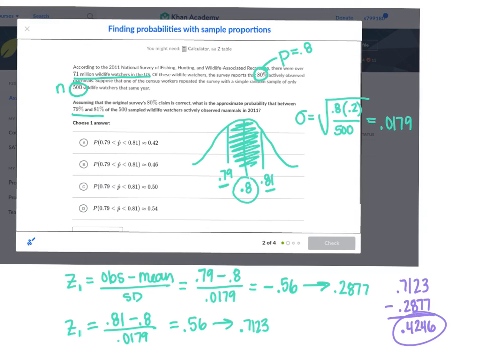So that is the probability of being between. So we were looking for the probability of p hat being between 0.79 and 0.81. So all of these are the correct notation. So now I'm simply finding 0.42, and so my answer is A.